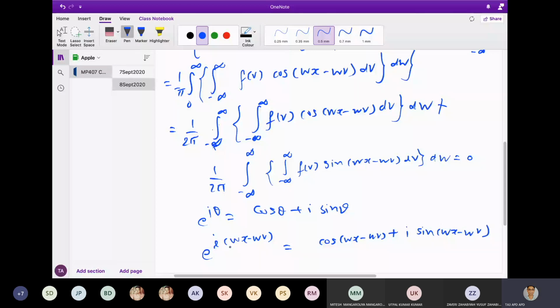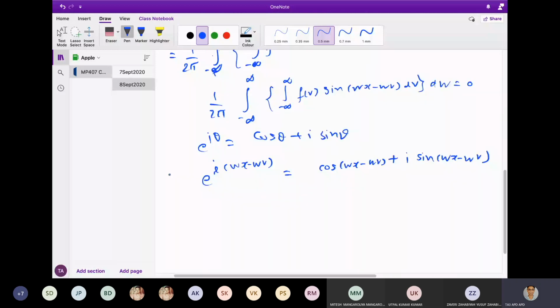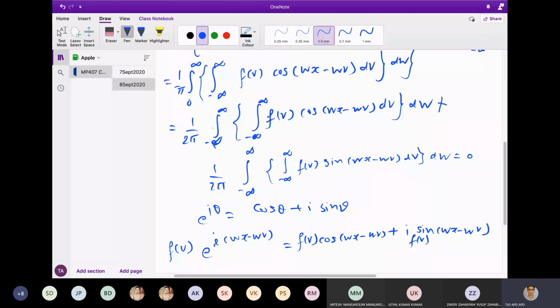All right, so if I want to combine both of these two, I need the function f of v over here also. So I'll multiply f of v on both sides. When you write down this whole expression together, you will have f of v multiplied by cos wx minus wv plus i times the sine integral, and you can combine both the integrals together.